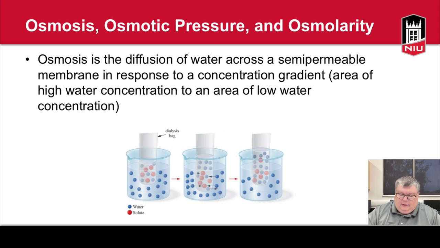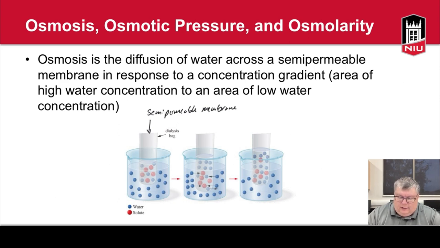So what happens if we take a solution and we put it into a dialysis bag? This is our semi-permeable membrane. Semi-permeable means it allows water to pass, but not larger solute particles to pass.